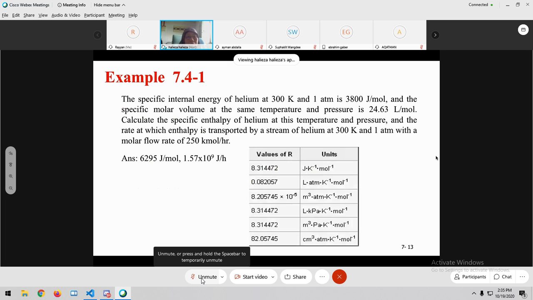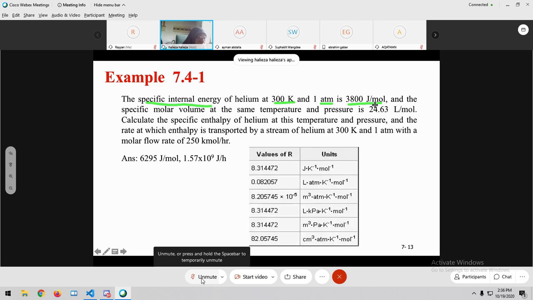Yeah, this is another example from your textbook, Example 7.4-1. Let's look at this question first before we handle the example. You have the specific internal energy, U, the temperature, and the pressure. I'm going to write it in, using my handphone.